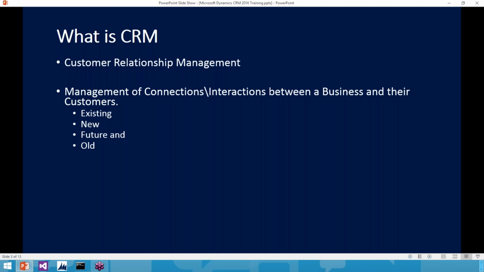An interaction can happen with an existing customer, which is any customer already doing business with the company. Suppose you have a company X. That company will already have existing customers, and you will be interacting with them day to day.